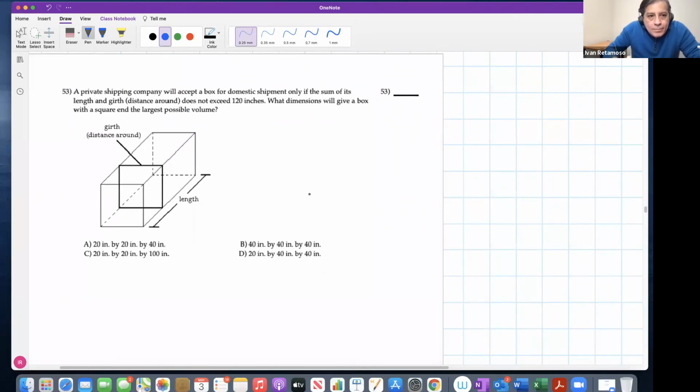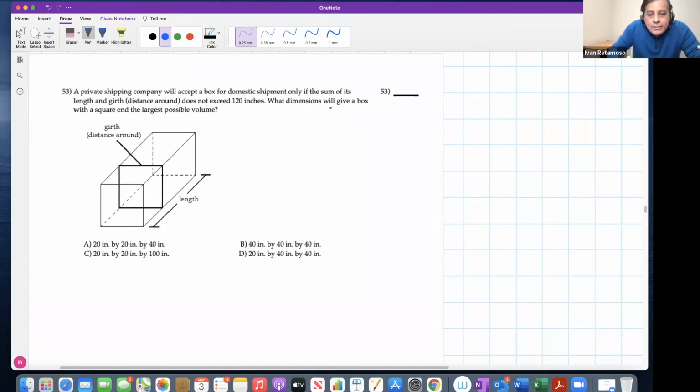It says a private shipping company will accept a box for domestic shipment only if the sum of its length, this guy, and girth, all this length around, like a perimeter of this square in this case, does not exceed 120 inches.